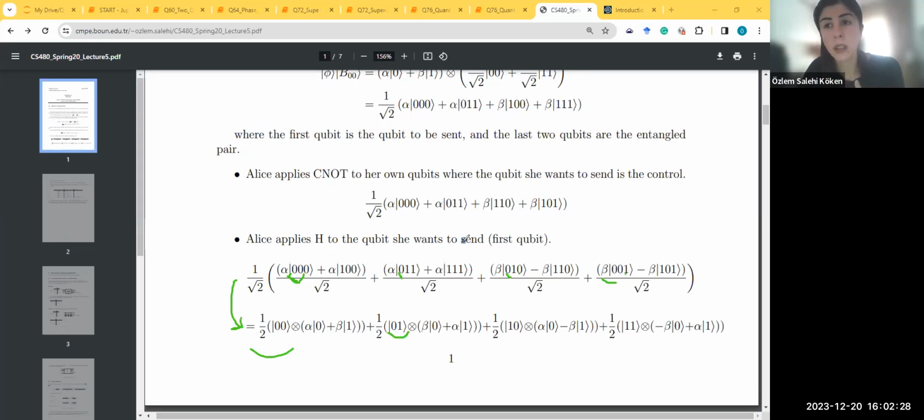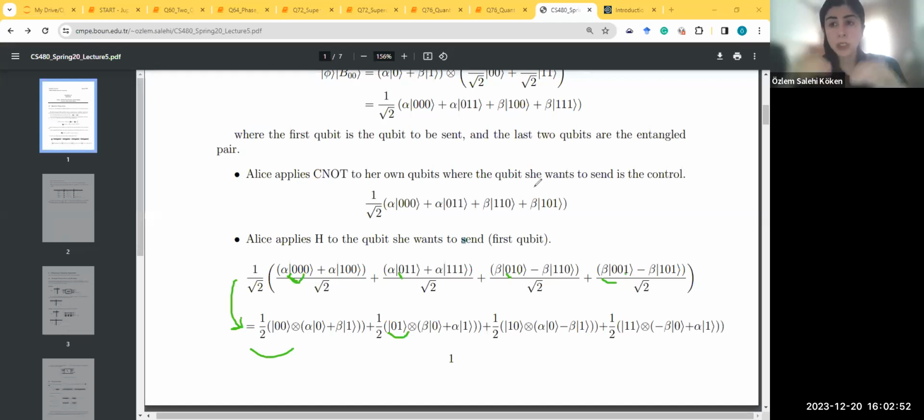For instance, what is the probability that she will observe 0, 1? Can you tell this? One over 4, right? So all states have equal probability right now.